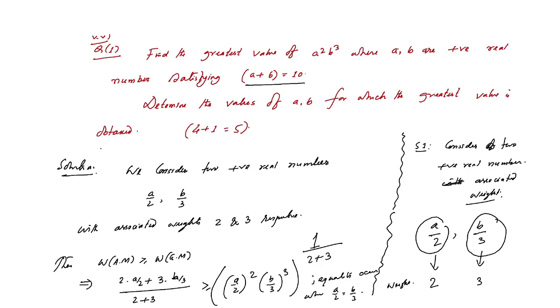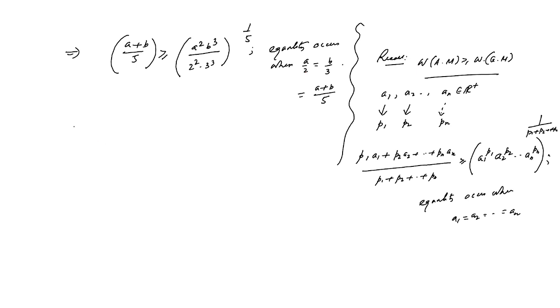So now what is exactly given? Here it is given the condition a plus b equals 10. We will use this part. So that will be (10 by 5) whole to the power 5 greater than or equal to a square b cube by 2 square 3 cube.